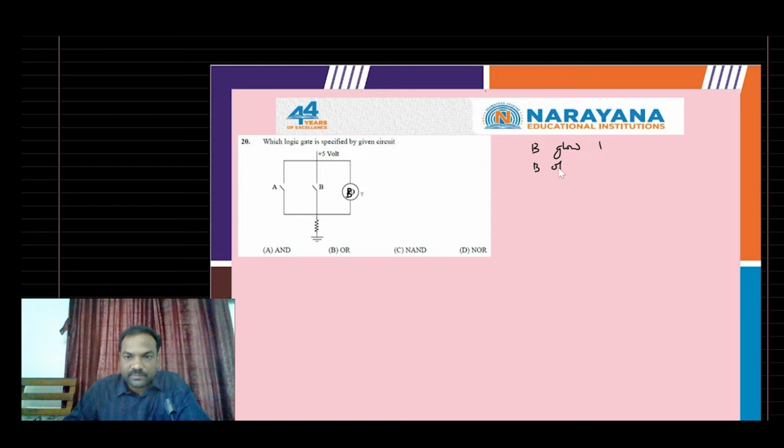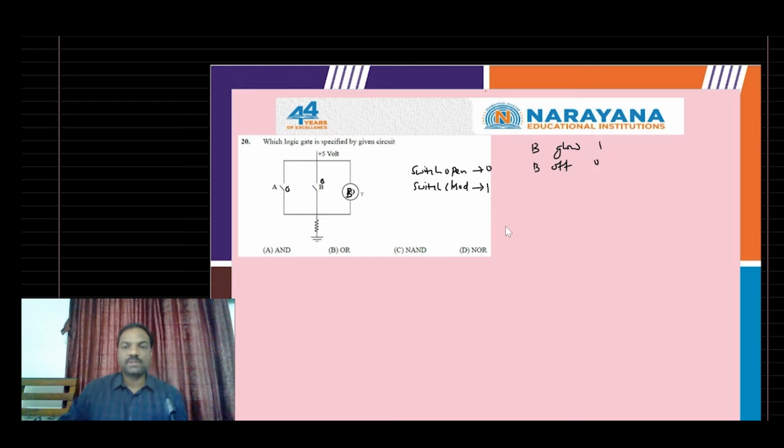Bulb off, we take it as 0. Switch open, here we take it as 0. Switch close, we take it as 1. Now that information is not there in the question, but you can follow this general principle, general rules.